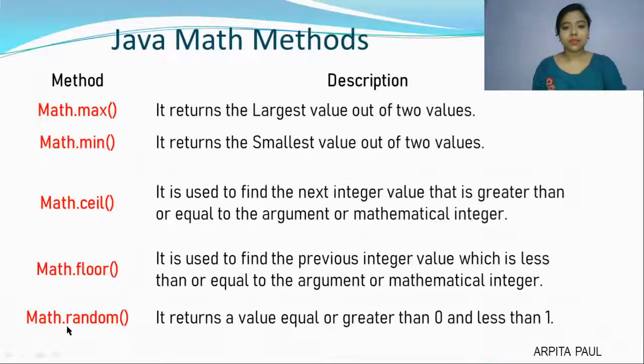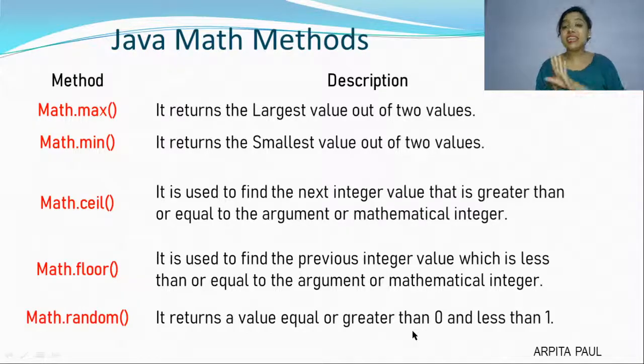Okay, so the next method is the Math.random method. So the purpose of this random method is to return a random value only in between 0 to 1. Okay, so it returns a value equal or greater than 0 and less than 1. So the range is between 0 to 1, which is equal or greater than 0, but of course less than 1.